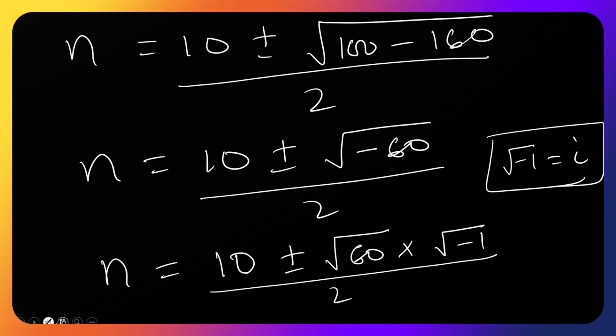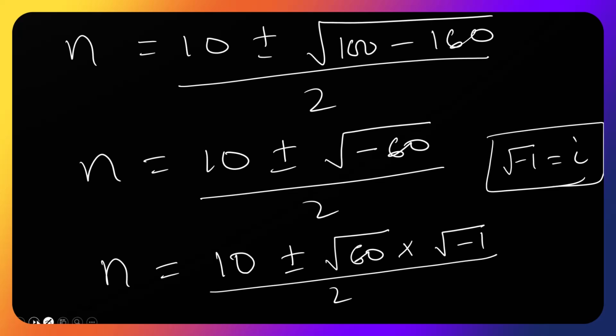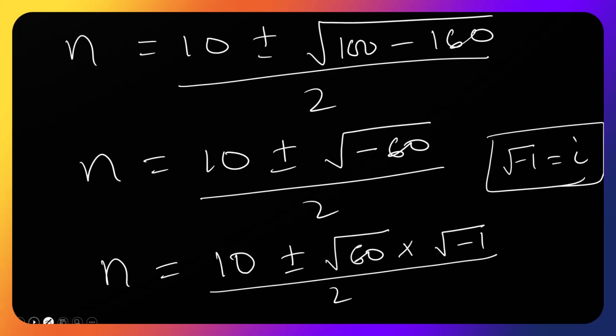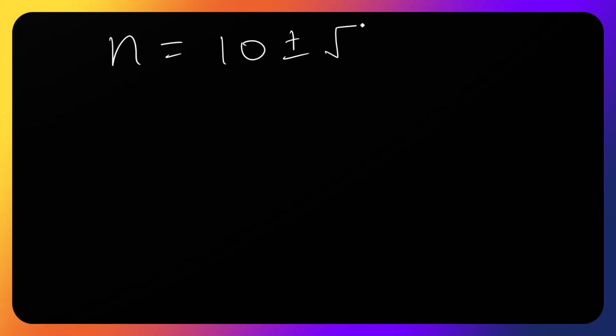So N equals 10 plus or minus the square root of 60 i, on 2. That's N.